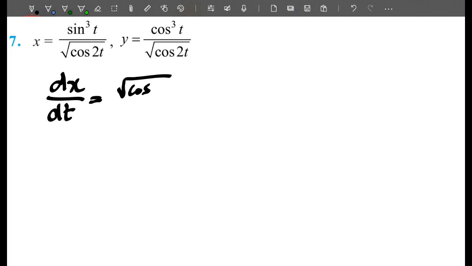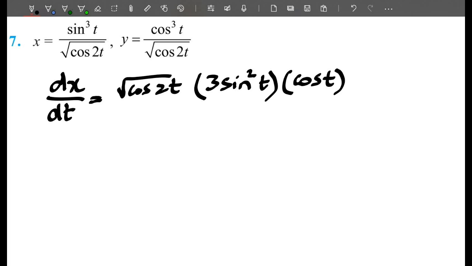So first let us take cos 2t and differentiate with respect to sine cube t, which will give us 3 sine square t into cos t, because the differentiation of sine t is cos t, and minus sine cube t.